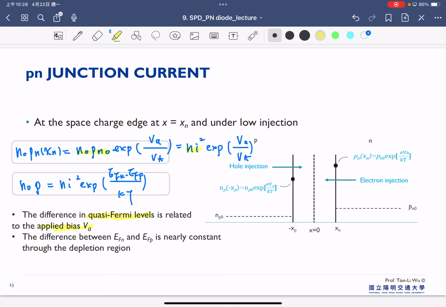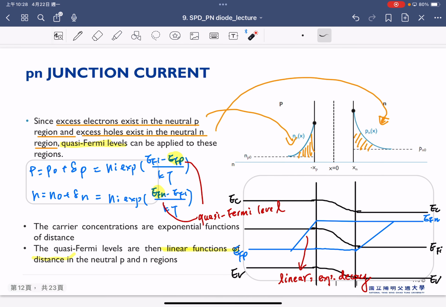This is something we already showed in the previous band diagram. And the difference between EFN and EFP is nearly constant through the depletion region. So that's why here I draw the constant.